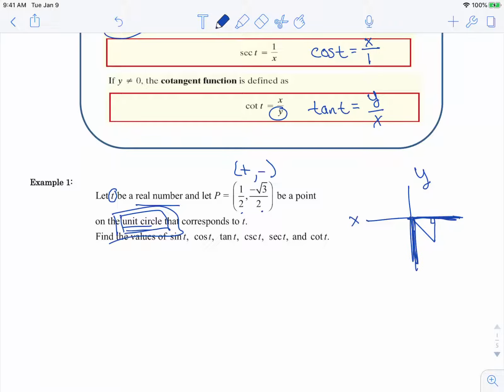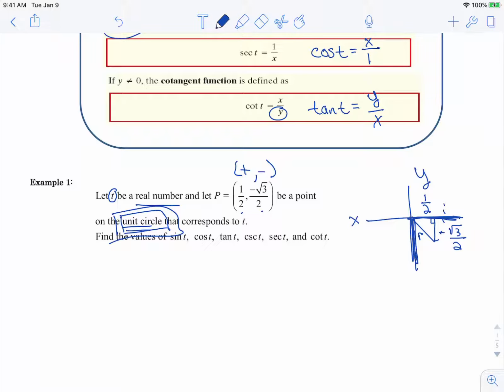This is claiming my x value is 1/2. It's claiming my y value is negative root 3 over 2, which I know is a bit strange, but remember that negative is just helping us with direction. It's just saying move down, then move up. And this is our hypotenuse, which I'm going to call r because it is the radius of our circle.